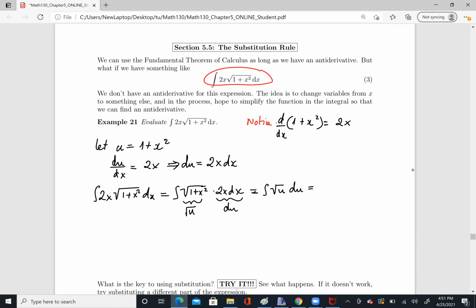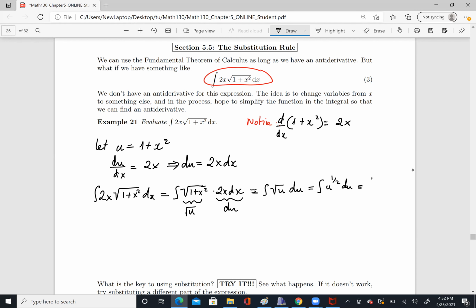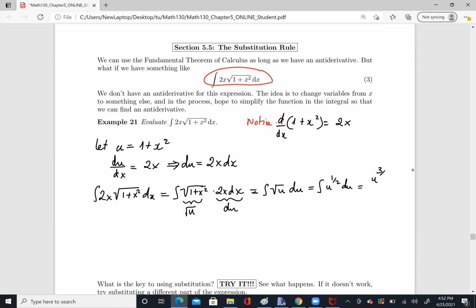And that becomes, I can rewrite square root of u as u to the 1/2, and then du. And that becomes u to the power 3/2 divided by 3/2.